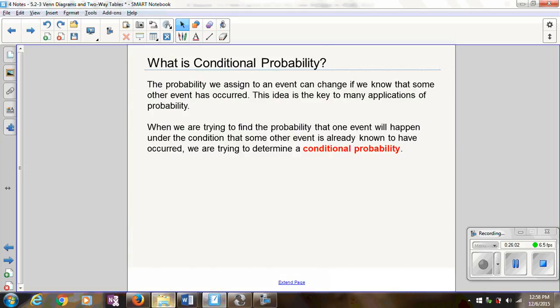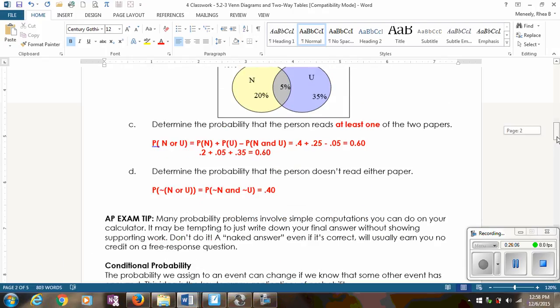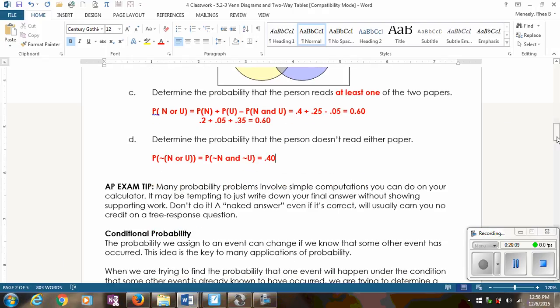Oh, and there's a quick exam tip that I did want to point out. It's really important on the AP exam. Many probability problems involve simple computations that you can do on your calculator, and it may be tempting just to write down the answer.